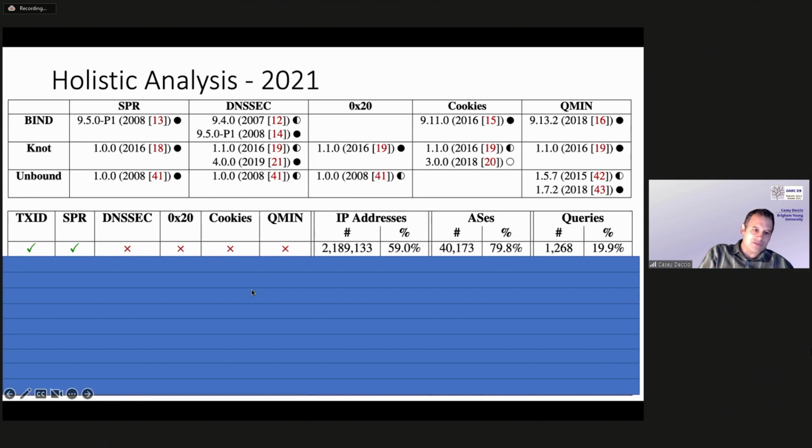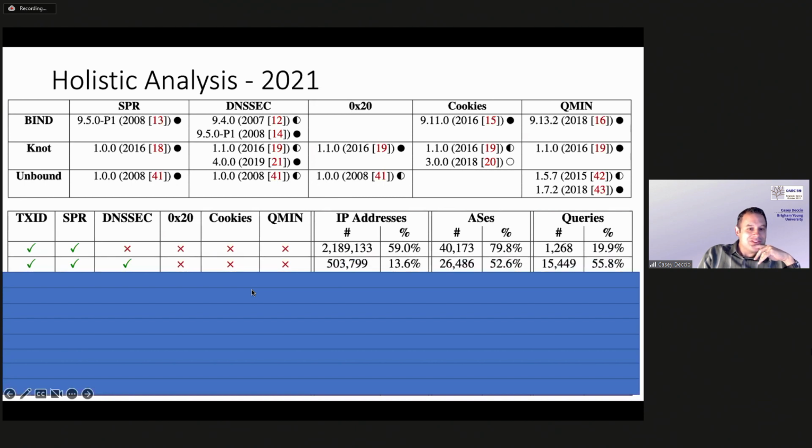So this was the highest: 59% of the IP addresses that we saw querying a root, and this is in 2021, had transaction ID randomization, yep, source port randomization, sure, but they lacked the characteristics of DNS-OARC validation, 0x20, cookies, and QName minimization. So, okay, that's fine.